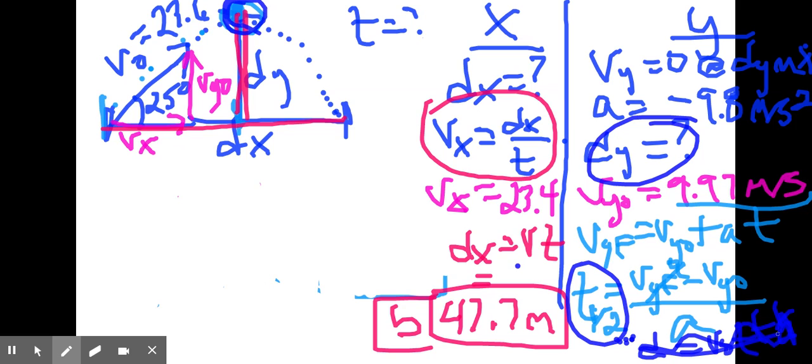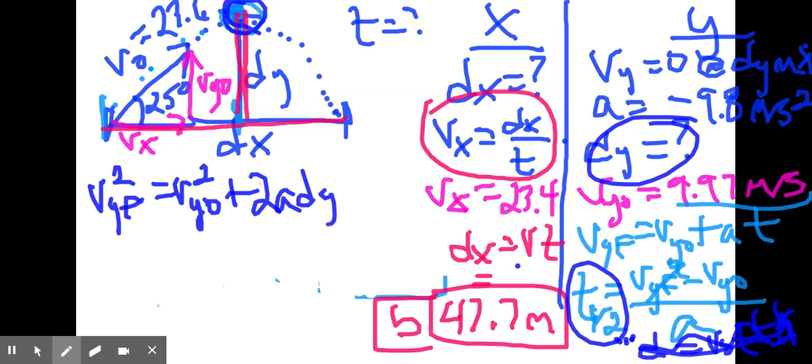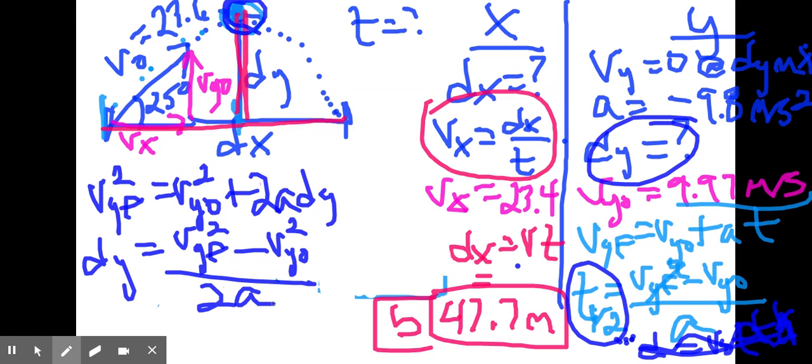Okay, so the one that I'm going to use with you is vy final squared is equal to vy naught squared plus 2a dy. Okay, I can solve this for dy. dy is equal to vy final squared minus vy naught squared divided by 2a. Well, we've got some things we can simplify. Vy final is 0.